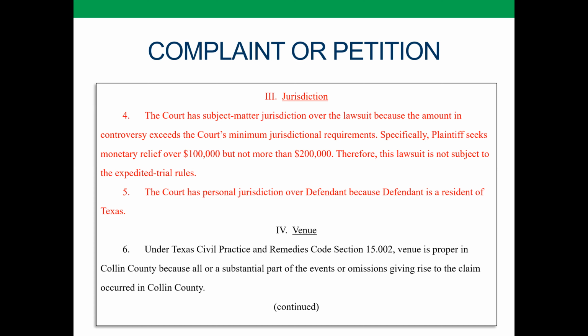Now, the 5th paragraph is referring not to subject matter jurisdiction, but to personal jurisdiction. That is the court's power or authority to be able to adjudicate the rights or obligations of the defendant himself or herself or itself. And here, the plaintiff is simply saying the defendant is a resident of Texas, that is, of the state where the court sits.